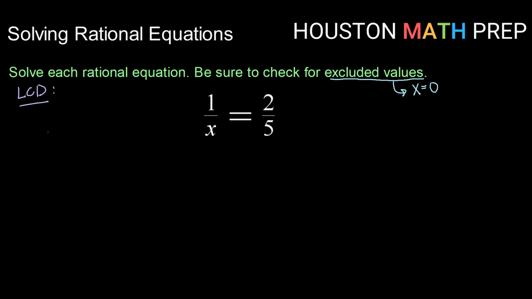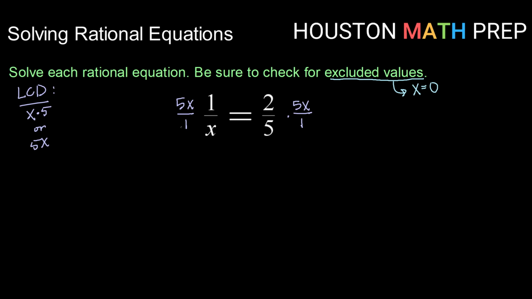Now, our least common denominator is often found in these rational functions by taking the product of our two denominators. So in this case, x times 5, or 5x. That's going to be our least common denominator. So we're going to go ahead and we're going to multiply both sides of our equal sign by 5x, or we can think of it as 5x over 1.